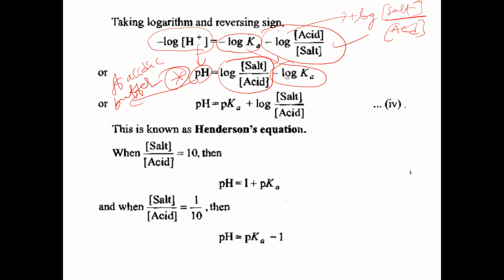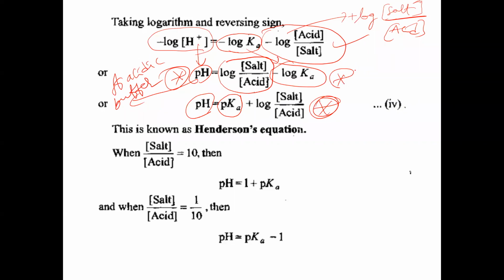Here minus log Ka is nothing but pKa. So the pH formula of acidic buffer becomes pH equal to pKa, that is minus log of Ka, plus log salt by acid concentration. It is equation 4.